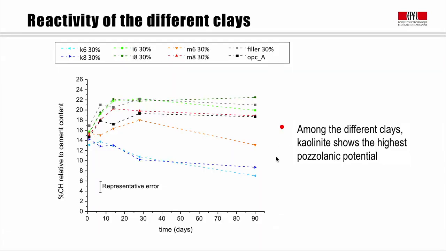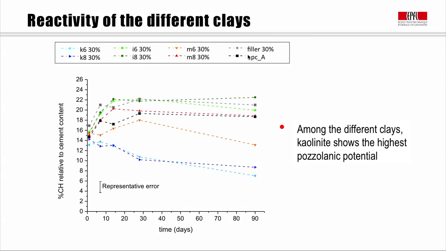Okay, in this slide here, what we see is the pozzolanic reaction of these different clay types in cement. So the pozzolanic reaction basically involves the reaction of the pozzolan, the calcined clay in this case, with calcium hydroxide that comes from the cement. And this code here, K stands for kaolinitic, I stands for illitic, M are the montmorillonite clays.